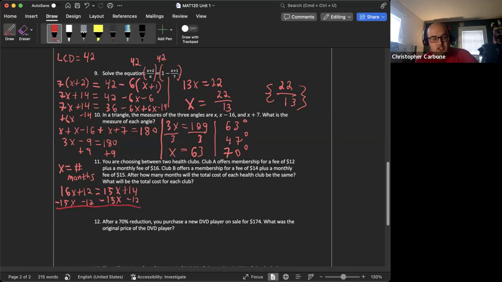So doing both operations at the same time, again, x is equal to 14 minus 12, so 2 would be the solution. So in this particular case, this would be 2 months would be our solution for the cost of each club here to be the same.